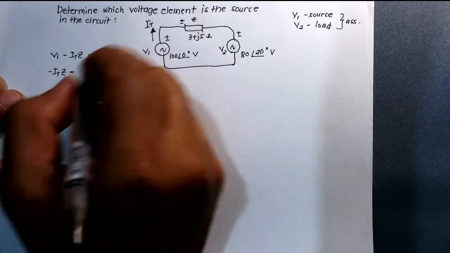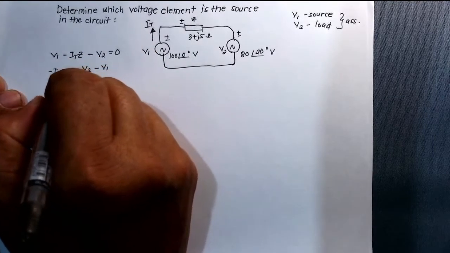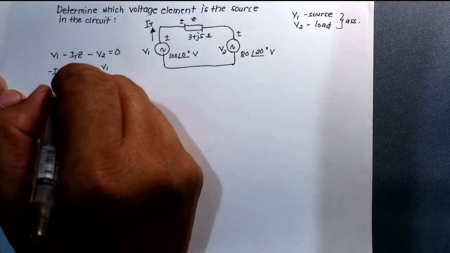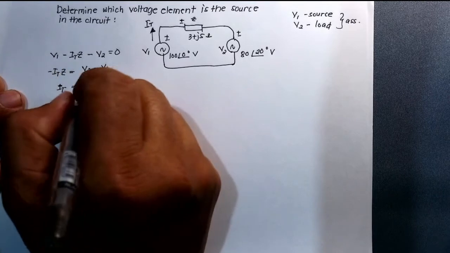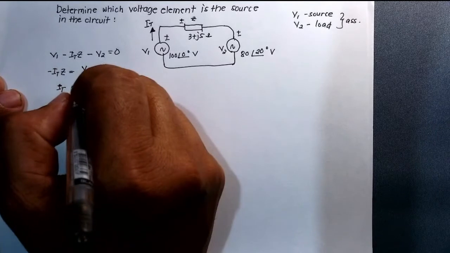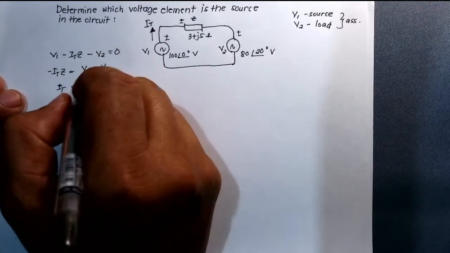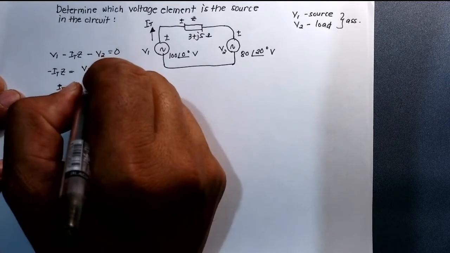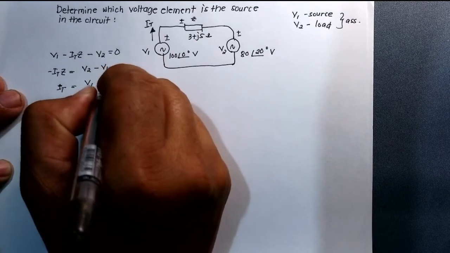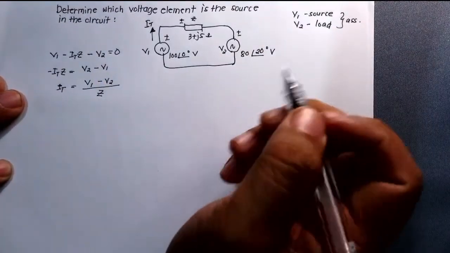And I want to have a positive I sub T. So if that is positive, I will be dividing B sub 2 minus B sub 1 by negative Z. So if I make Z positive, the signs of B sub 2 and negative B sub 1 will change. So this will become B sub 1 minus B sub 2 over Z. So this will be the equation.